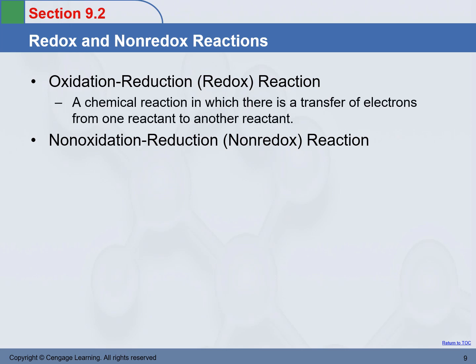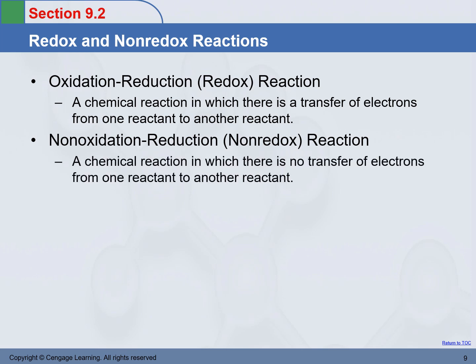A redox reaction is a reaction in which there is a transfer of electrons between the reactants. If in the reaction electrons are transferred between the reactants, then it is called a redox reaction. Then no surprise, if a chemical reaction doesn't involve any transfer of electrons, it is a non-redox reaction.